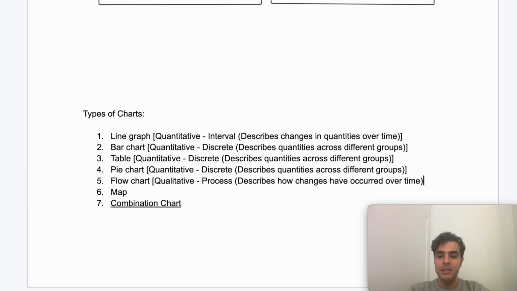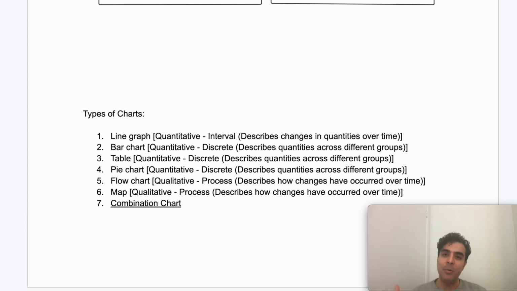That's what this type of chart is primarily dealing with. Finally, a map, very similar to a flowchart. It is qualitative, and once again, it's showing a process, which is basically revealing how changes have occurred over time. This time, we usually have a location, right? A map where something has been added, something's been removed, something's been altered. And so these are the different kinds of charts.